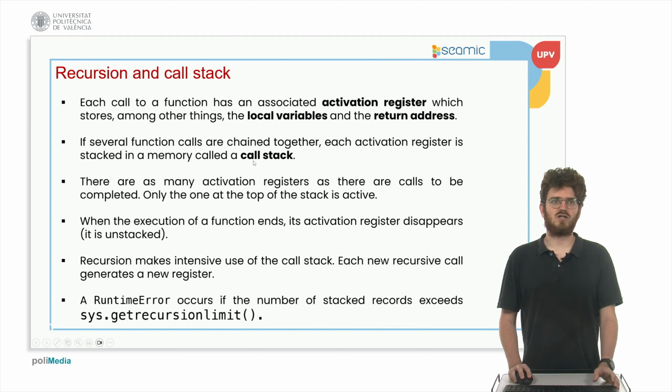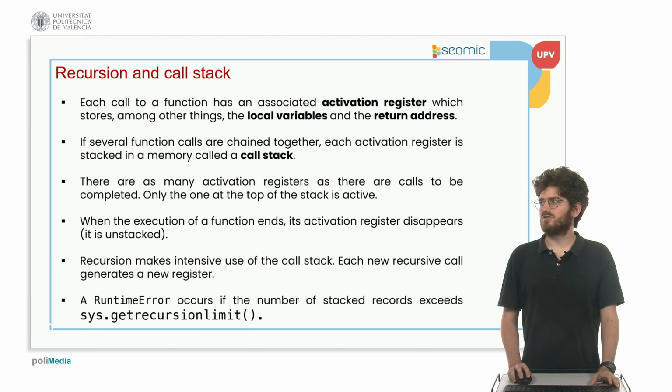So if you have a main function and then you call another function, that gets located on top of the stack. And then if that function calls another, it gets accumulated on there. Every time a function ends, the activation register is deleted, and then the previous function takes control again.